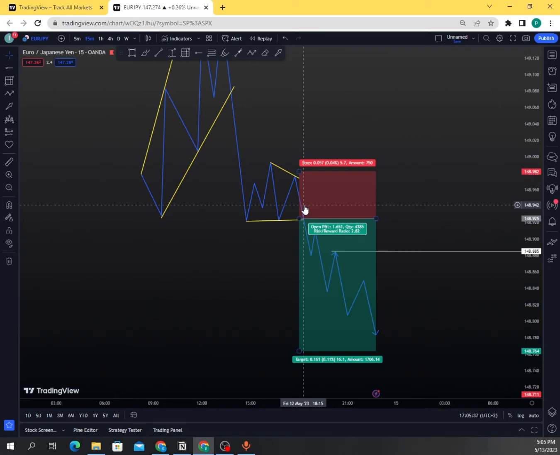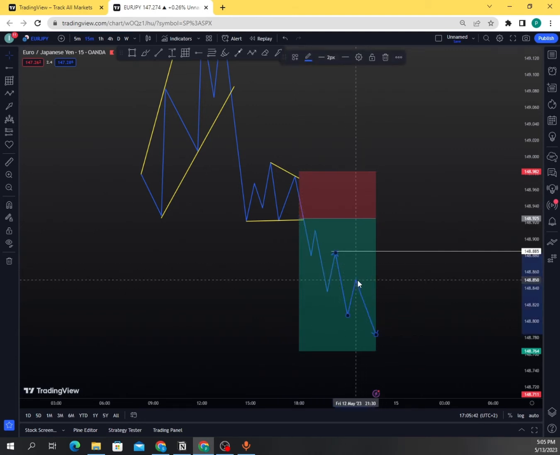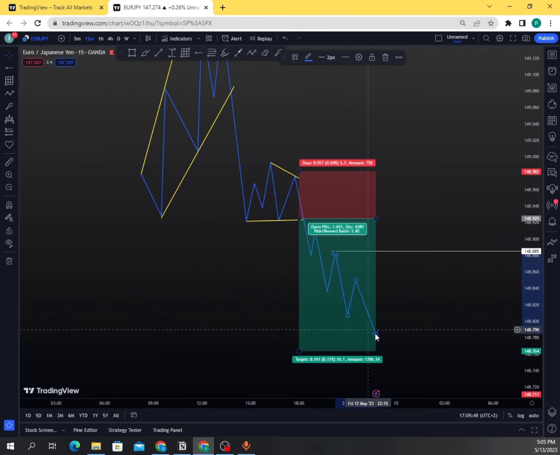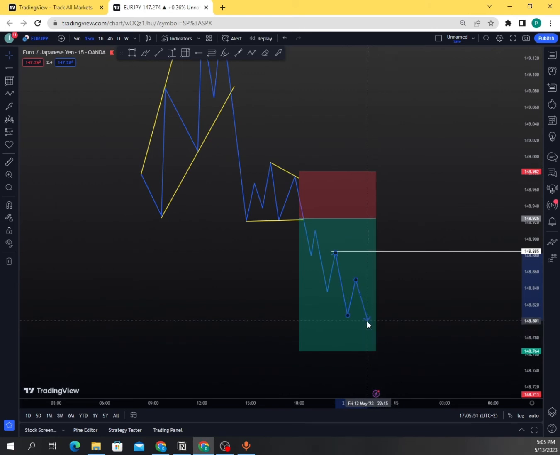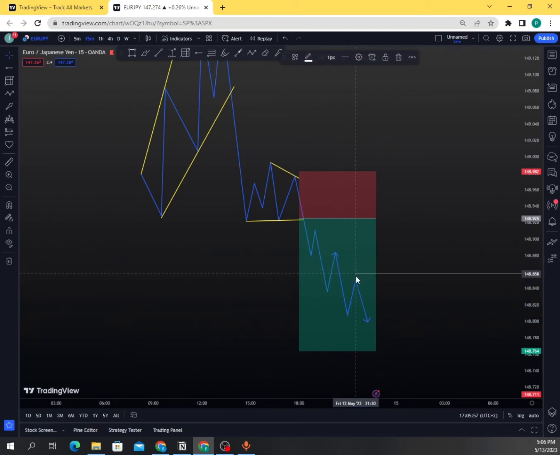I'm now locking maximum profit. And then if price creates a new higher low and a new lower low, but it doesn't trigger my trade profit, I already locked maximum profit here.